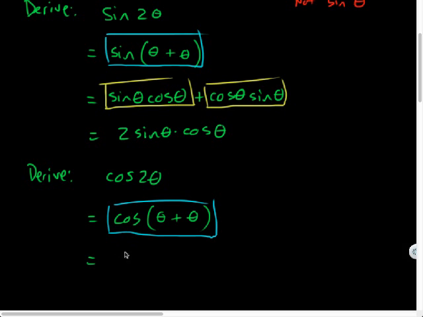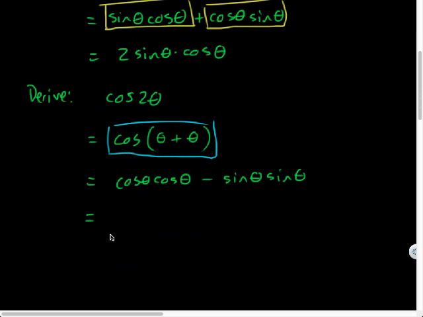So cosine theta plus theta is equal to cos theta cos theta minus, because it's the opposite for the cosine difference or sum identity, sine theta sine theta. Okay. And how could I simplify this?